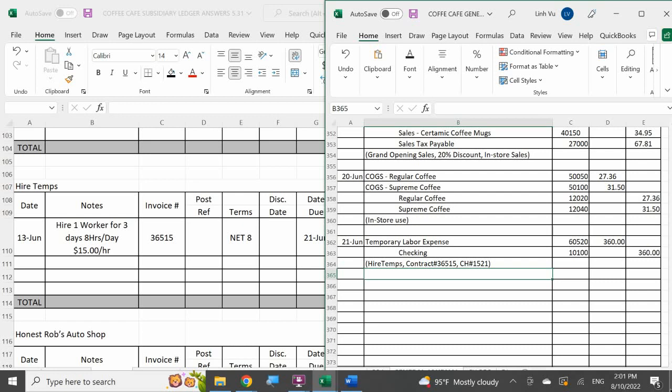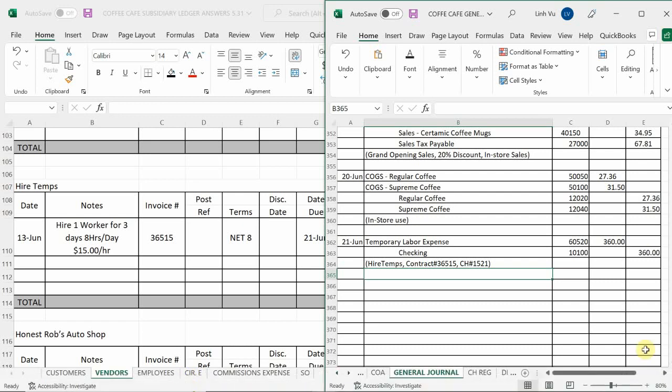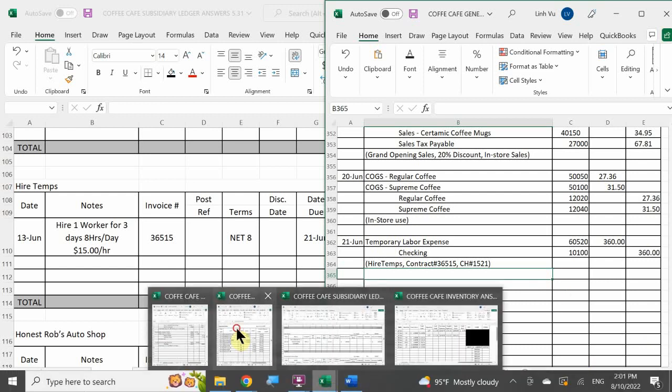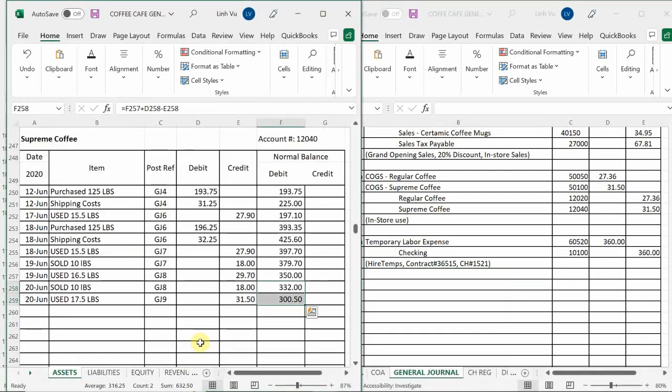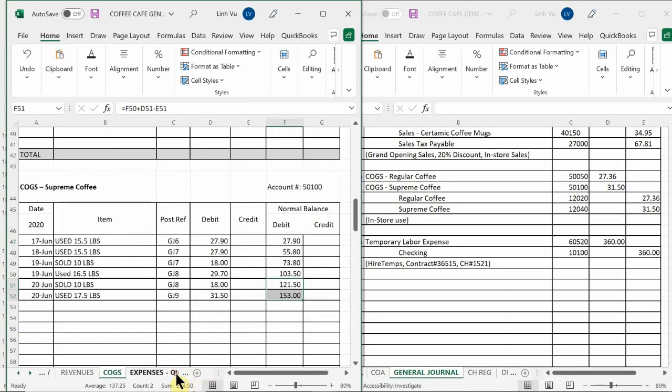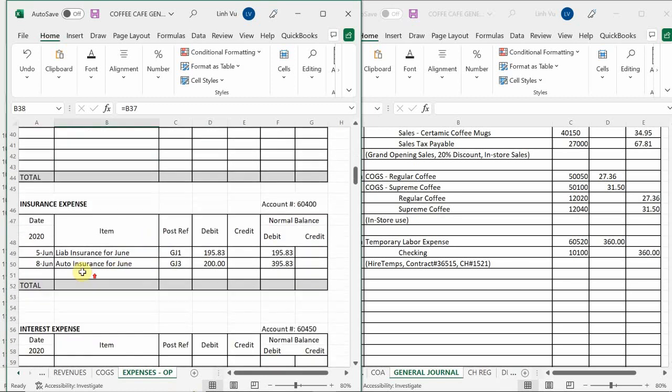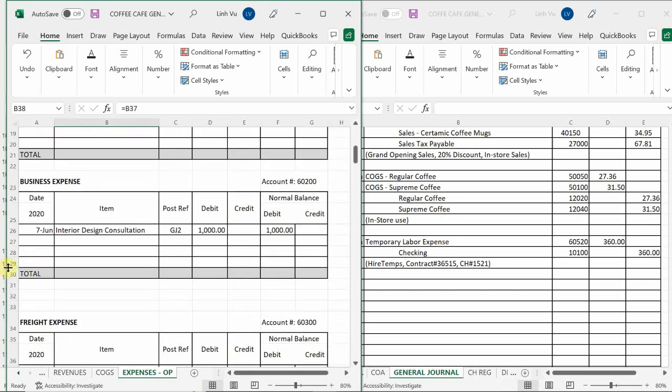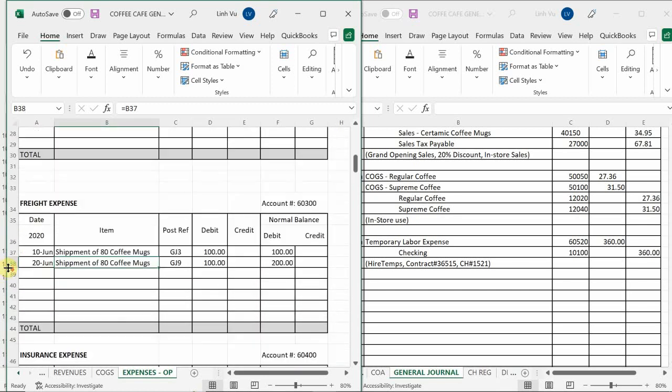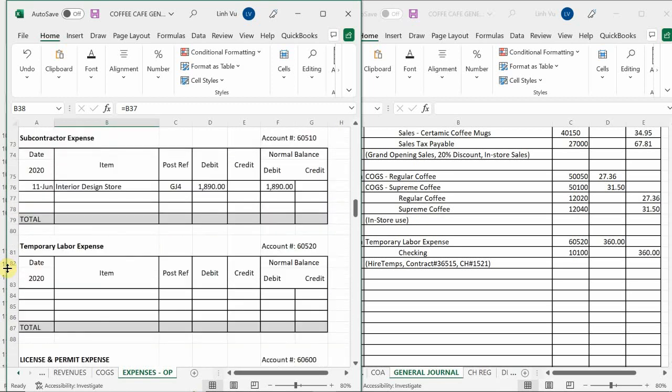And so we go to the general ledger. And then operational expense. And then we add it to temporary labor expense. There you go. Perfect. Temporary labor.